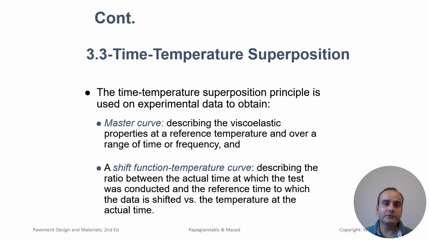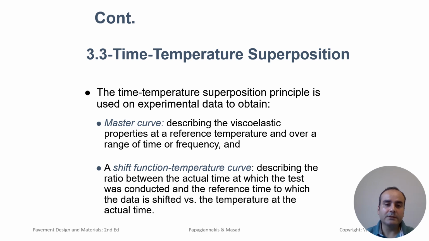In asphalt pavement, the time-temperature superposition principle is used on experimental data to obtain a master curve, for example. A master curve describes the viscoelastic properties at a reference temperature and over a range of time or frequency.